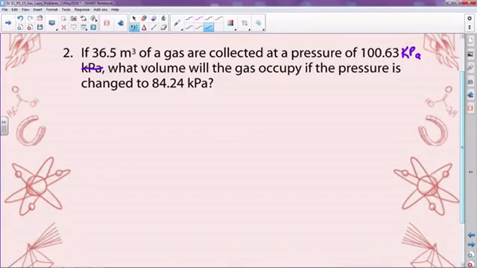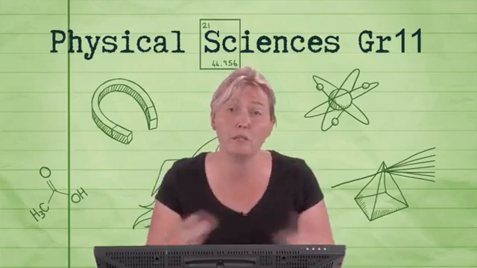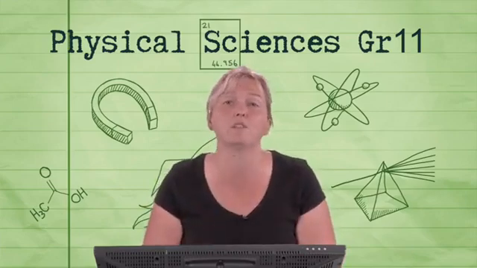So 36.5 cubic meters, 100.63 kilopascals, and it changes to 84.24 kilopascals. So that gives you 2 minutes to do the whole thing. Write it down, substitute, find the answer. Okay, 2 minutes starting now.